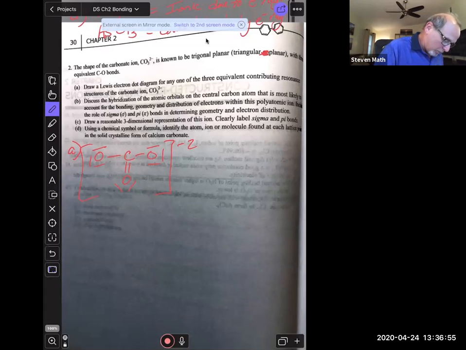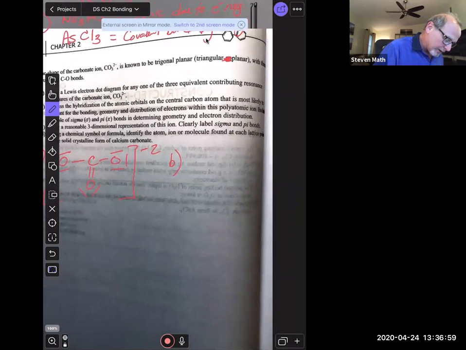So what I would say, B, we can sneak this in over here, is carbon has 3 sigma and 1 pi bond. Pi bonds do not affect hybridization.